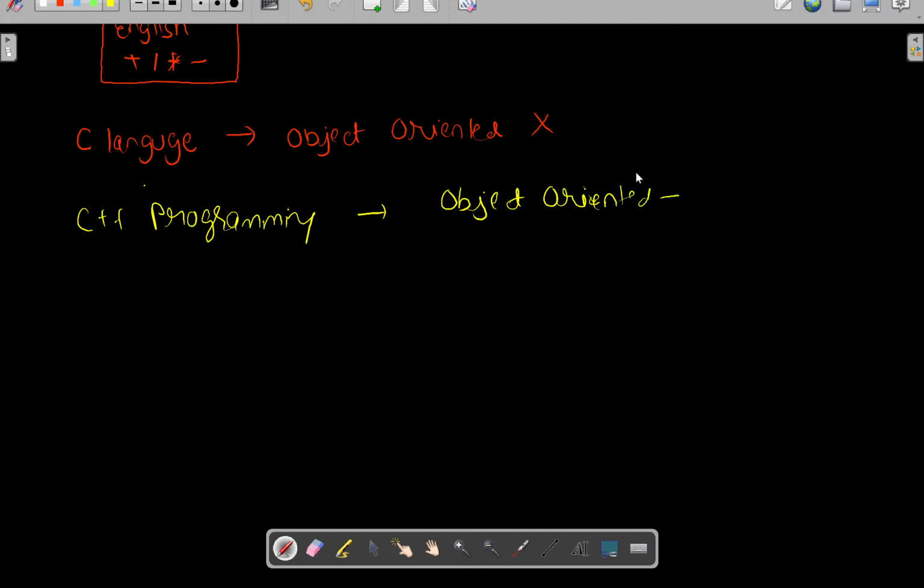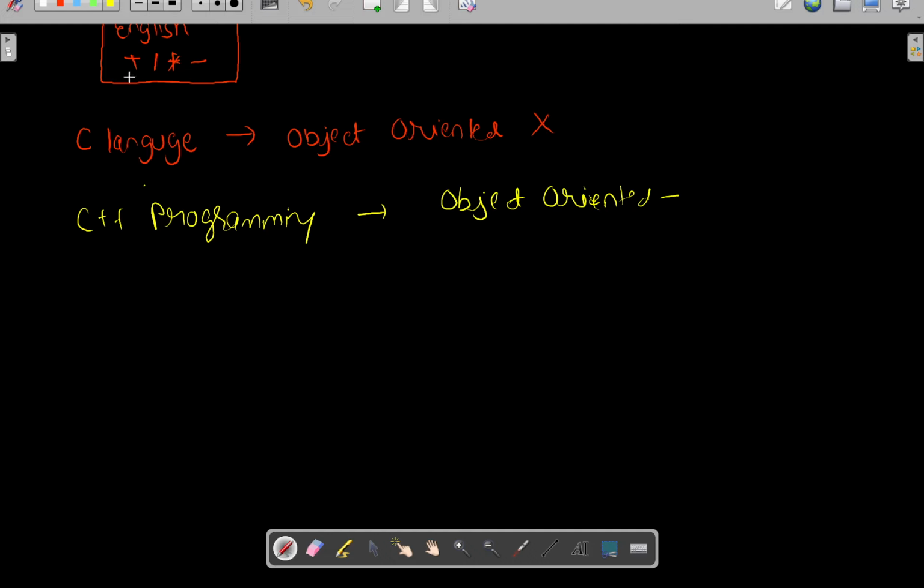That means we can write our code using the class and the object. But in case of C programming, we were not allowed to write the code using the class and object. So this was about C++ programming.